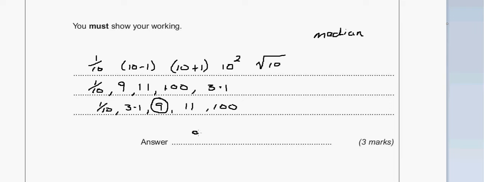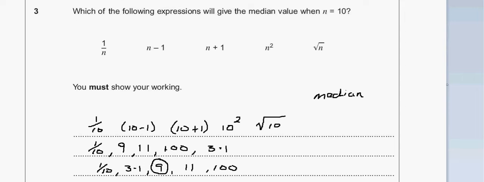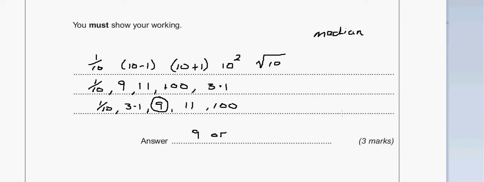is 9. Okay, so I would write 9, or and I will go back to the question and say that n minus 1, okay, because that also is 9.